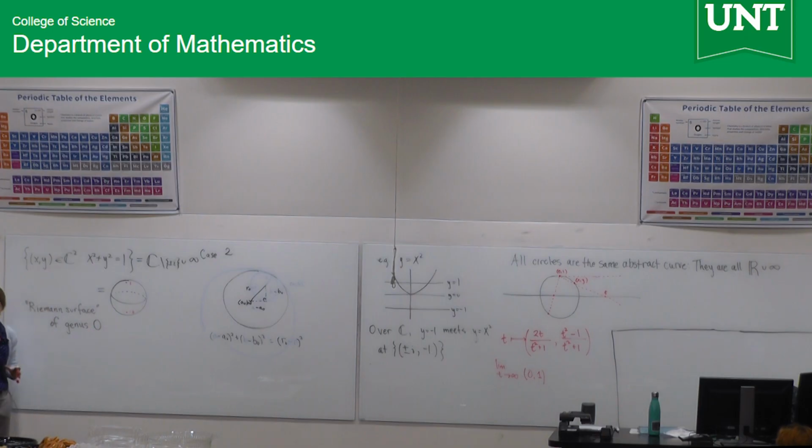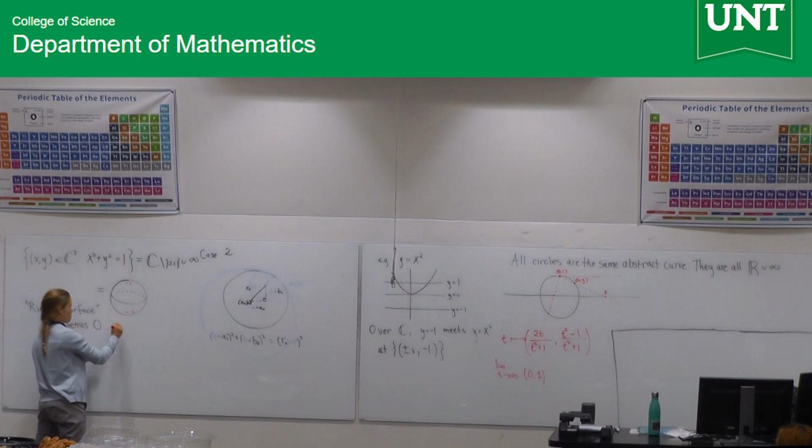Any questions about this? I know we're ramping up here. Does removing isolated points not affect the genus? So I'll say that the Riemann surface I want to be the sphere, and then I'll say the surface has genus 0, and then let's say with 2 points removed.